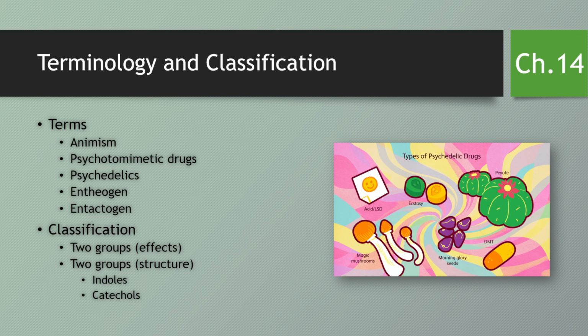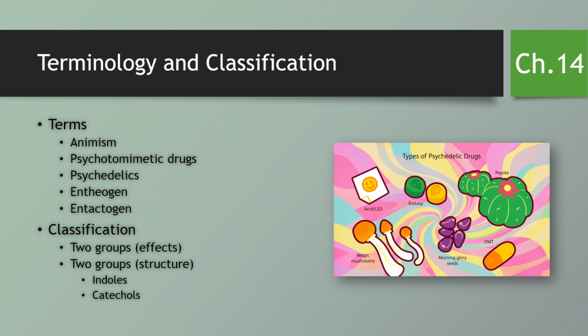Indoles are drugs that have the same basic indole structure of the neurotransmitter serotonin. So if we think about serotonin and the effects that it has, these are drugs that mimic that structure. Some examples are LSD or psilocybin, which comes from mushrooms.